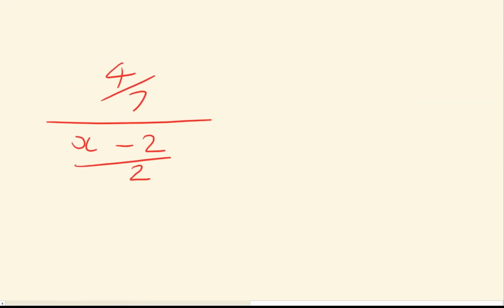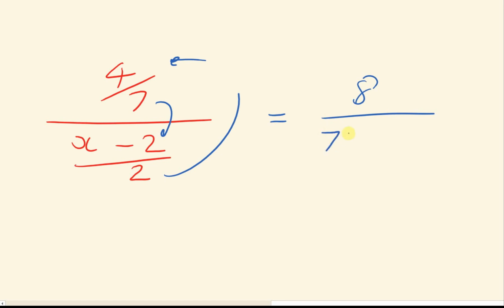And it's the same rules as before. This 7 will go and join here, and this 2 will come to the top. So 4 times 2 gives me 8. And if I'm timesing the bottom by 7, it's just going to be 7 brackets x minus 2. Again, you can expand that, but if you're not asked to, there's no real reason to. So you could write that as 8 over 7x minus 14, but both of them are correct. Unless you're told to expand and simplify, there's no real reason to do so.